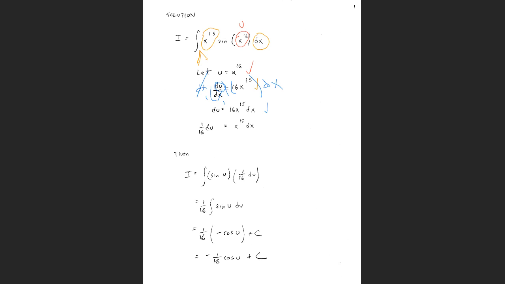And so x to the 15th dx is 1/16 du. And that's what we're going to be substituting down here. Now we have the sine of u, and then we have 1/16 du. Are there any questions?